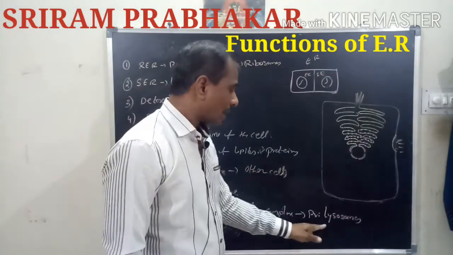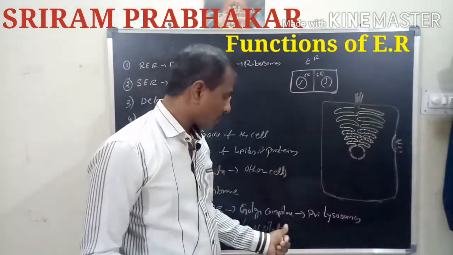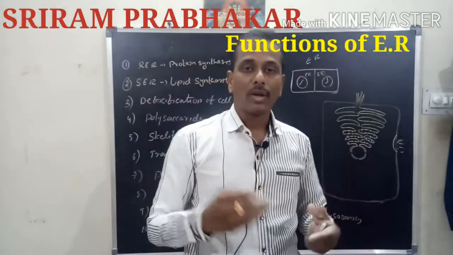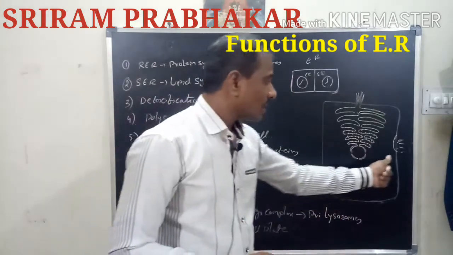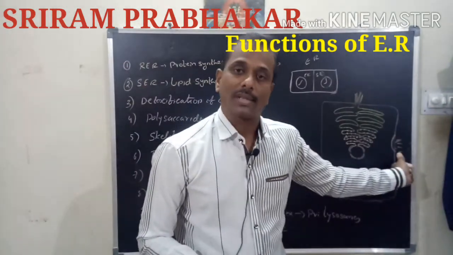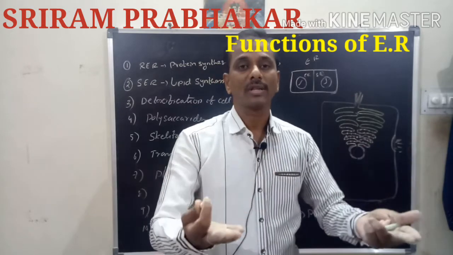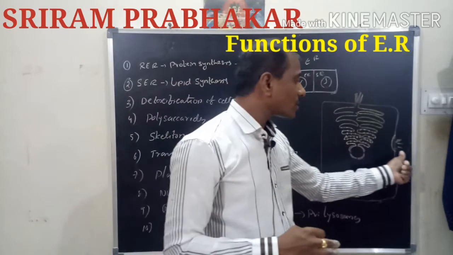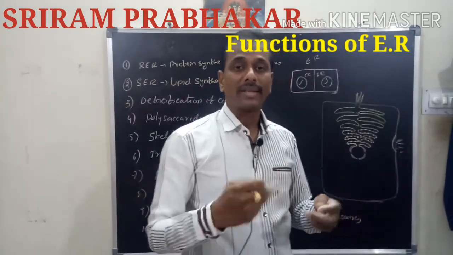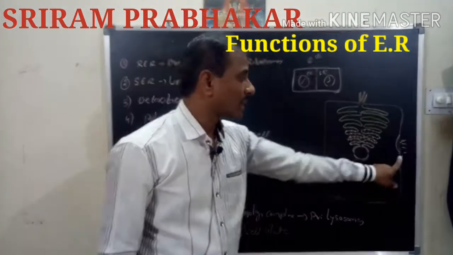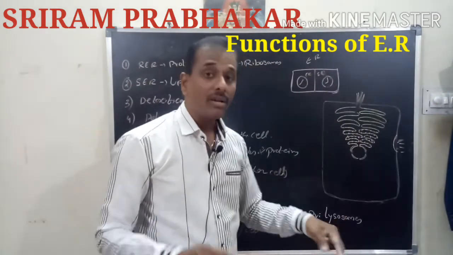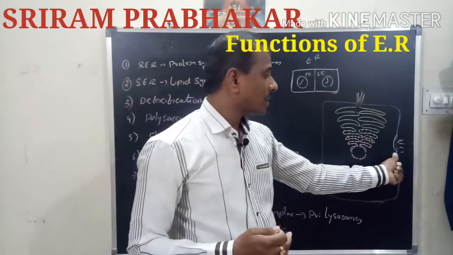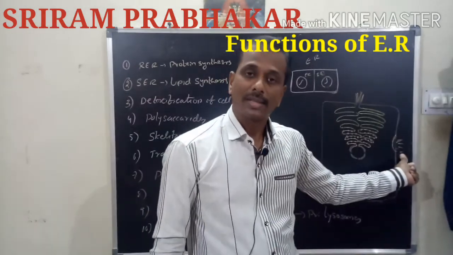That means the lysosomes are formed from the Golgi complex, and the Golgi complex is generated from the endoplasmic reticulum. The excretion of waste material from the cell is called exocytosis. Exocytosis takes place by the activity of the lysosomes and plasma membrane. That means indirectly the endoplasmic reticulum helps in the exocytosis of the cell.